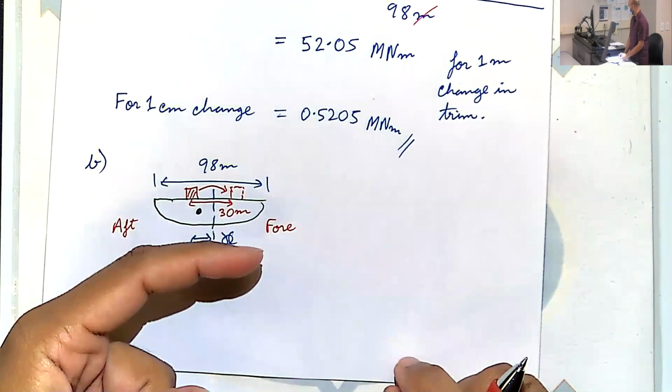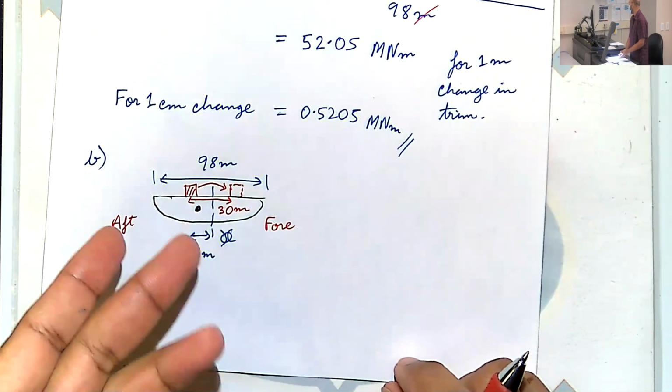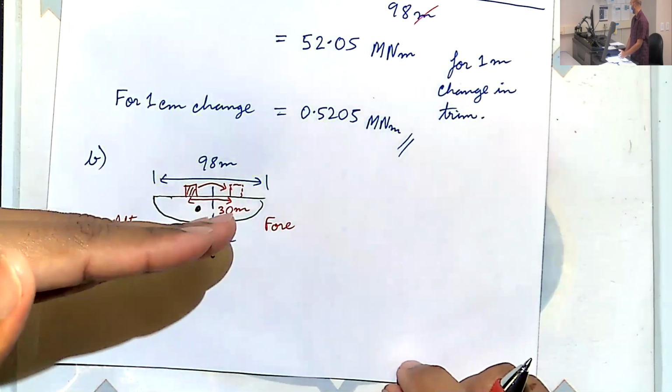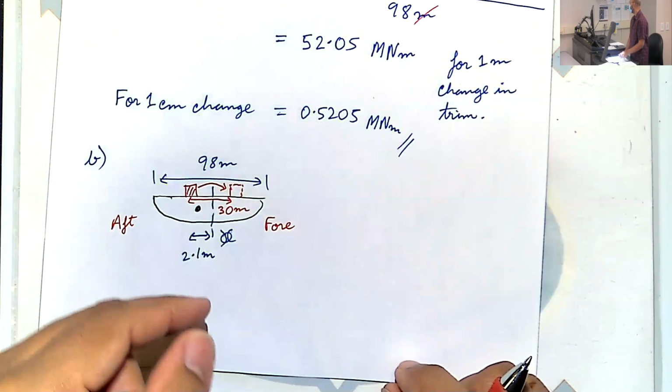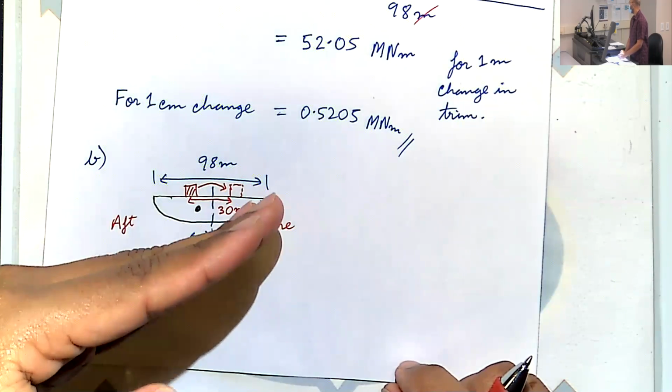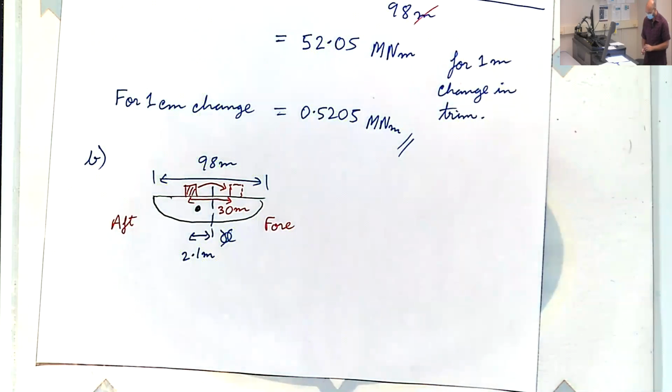Okay, so that'll create a change in the trim value. Initially, it might have been even keel, or it might have had an initial, non-zero trim. But with this move, the change from this initial trim will be the way we described it.